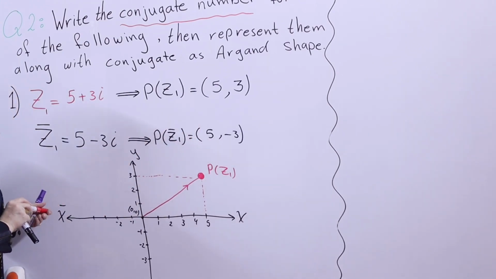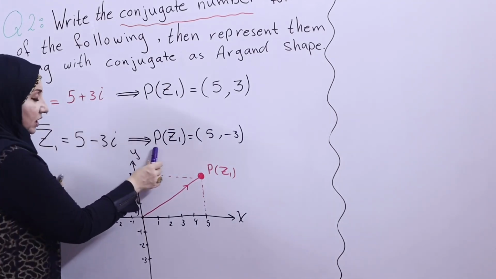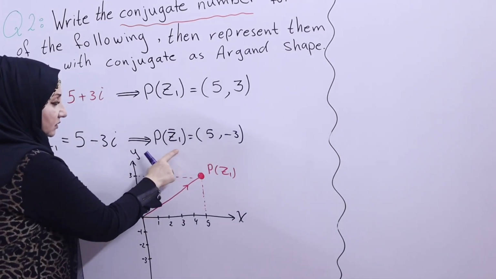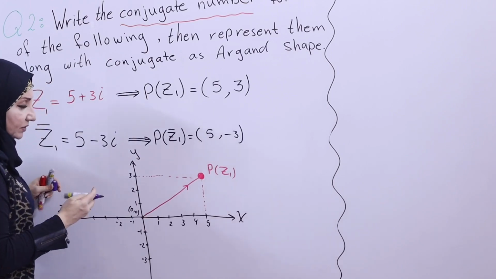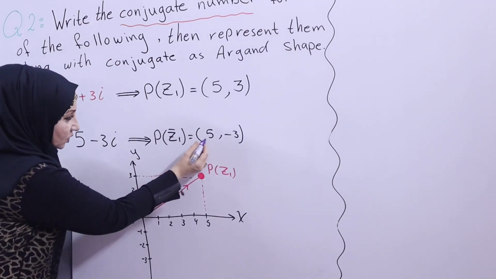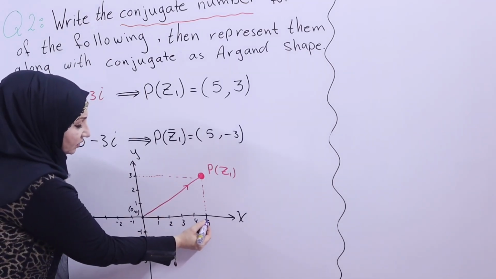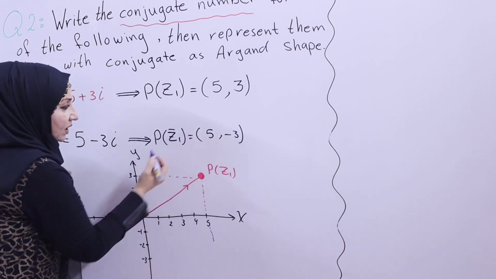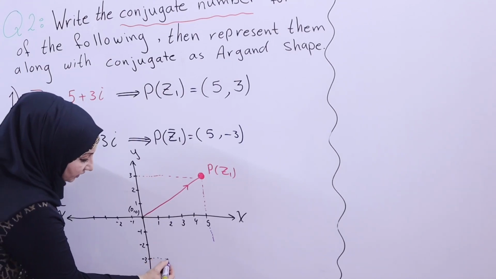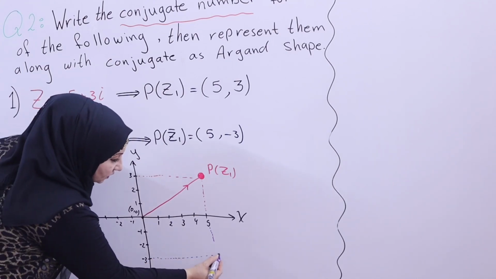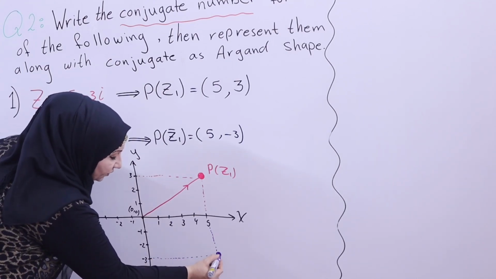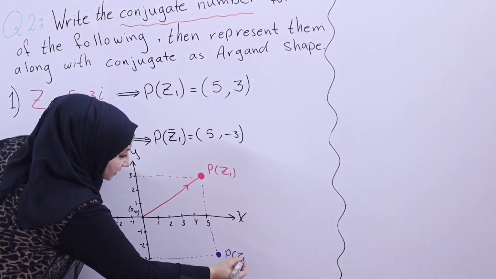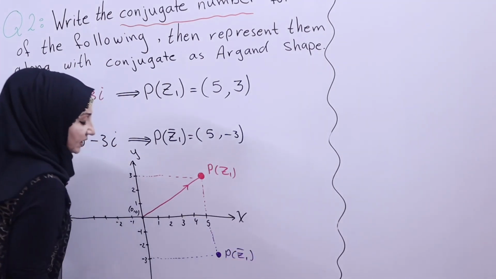Now we want to draw the Argand shape for the conjugate of Z1, the point which represents the conjugate of Z1. So the x coordinate is positive 5 and the y coordinate is negative 3. So here is the point which represents the conjugate of Z1.